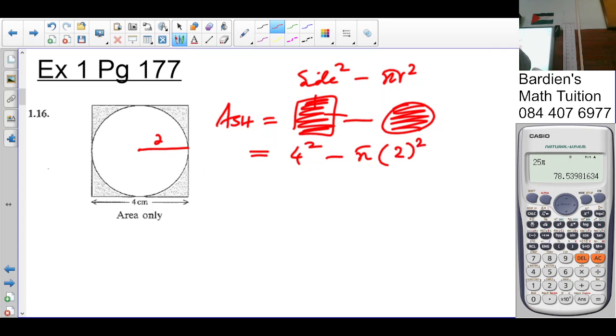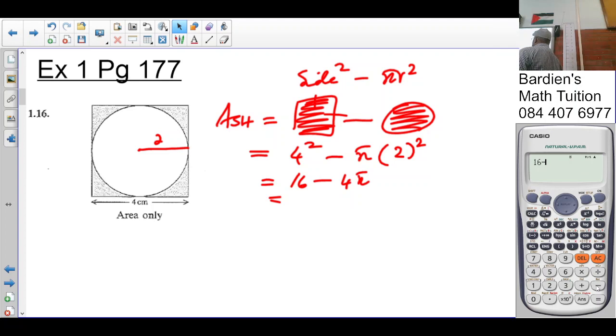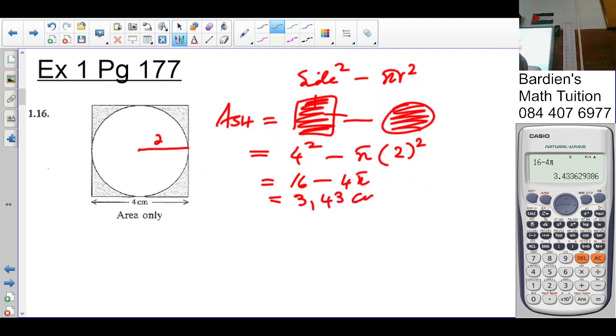So 2 squared. So what's 4 squared? 16 minus 2 squared, 4 pi. And then in the calculator, it is 16 minus 4 pi, 3,43 centimeters. Okay.